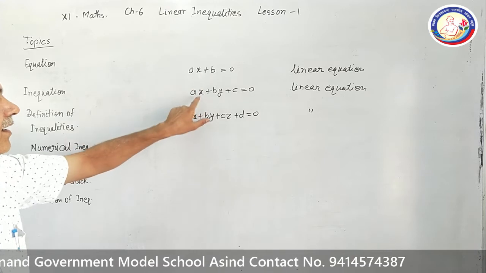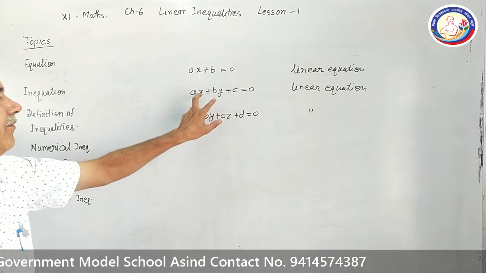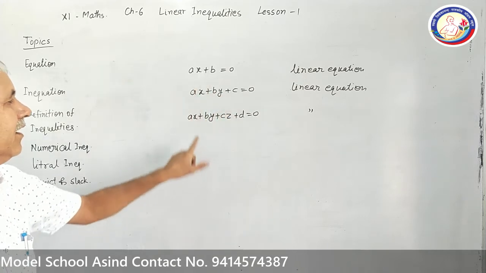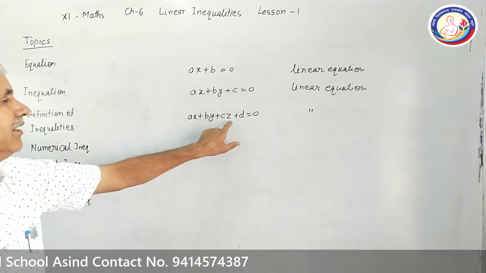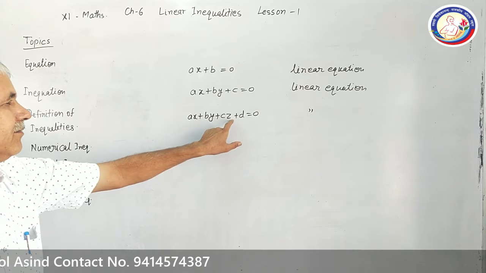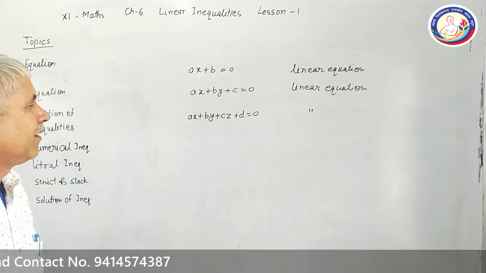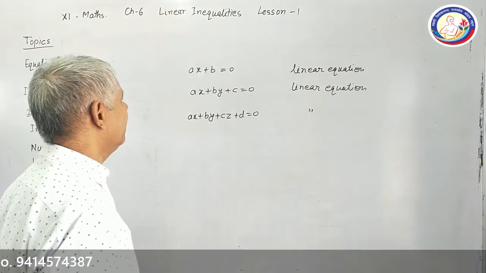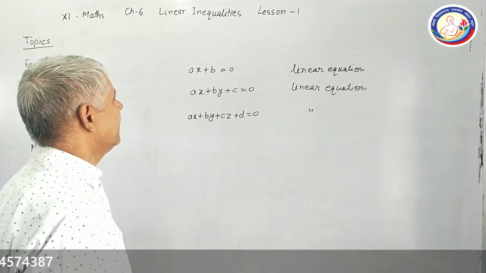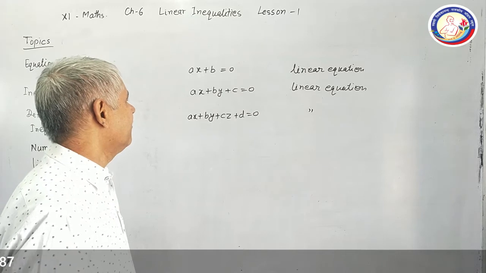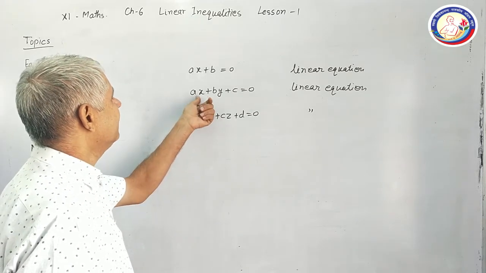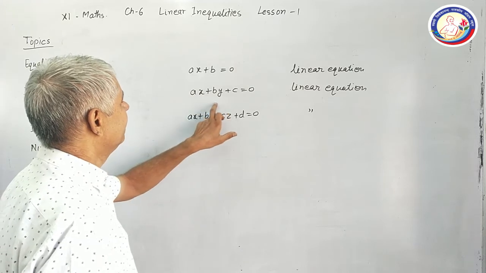It is 1. Again here, the highest power of variables x and y is 1. Again here x and y and z all three have power 1. If we are given any equation and the highest power of variable is 1, that is called linear equation or equation with 1 degree.